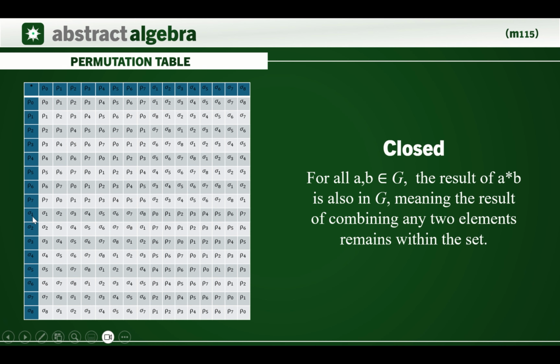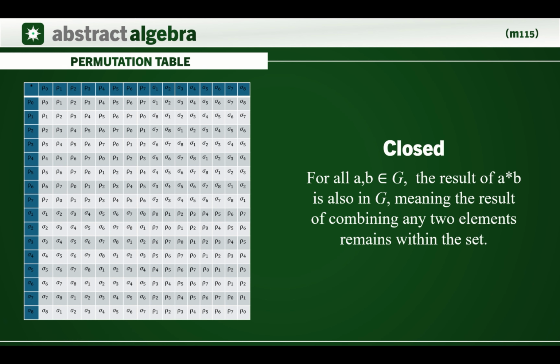Next, let's try sigma sub 1 star sigma sub 1. It is equal to rho sub 0. So rho sub 0 is still in our set. Let's try sigma sub 5 star sigma sub 7.